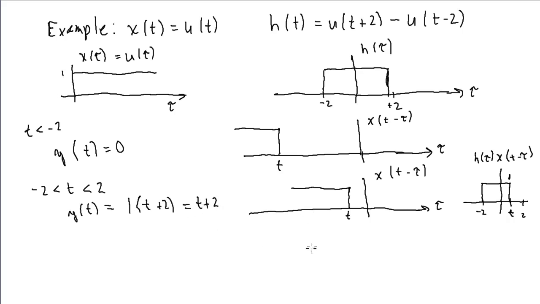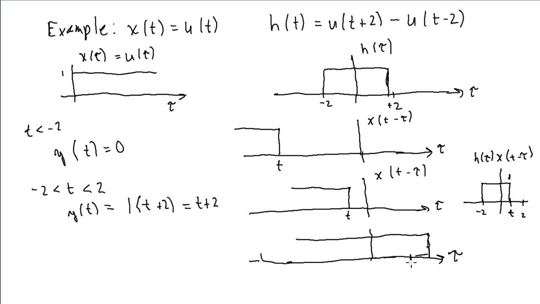And then the third case we have to consider, because the limits on our integrand are different, is the case when t is greater than plus 2. So again, this is what x of t minus tau looks like.